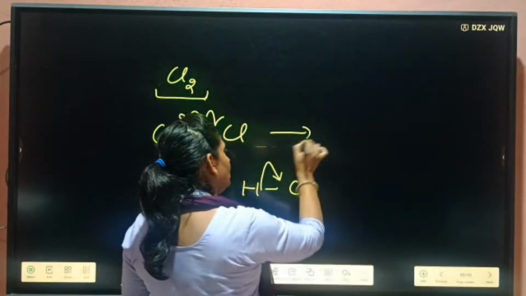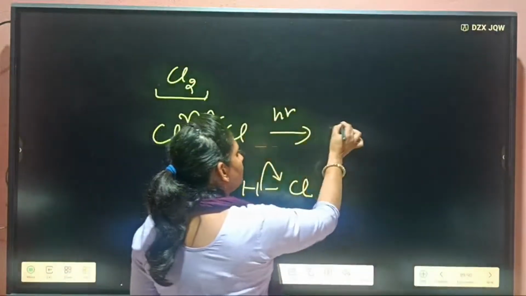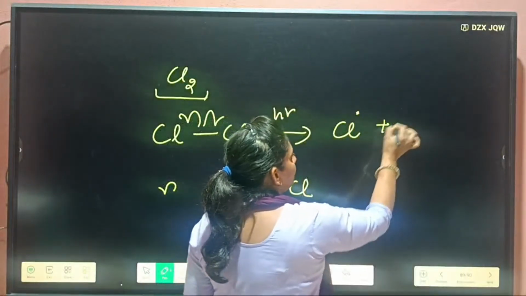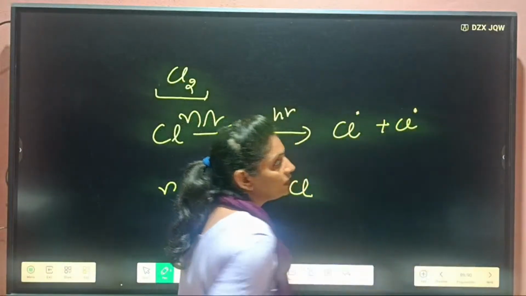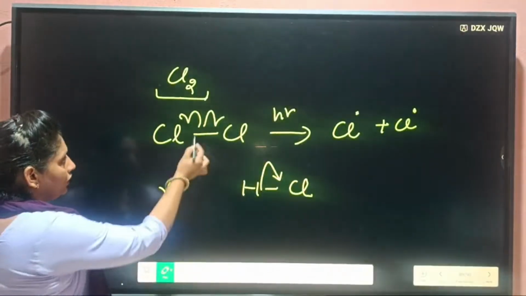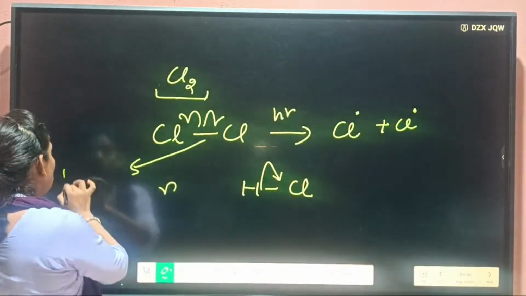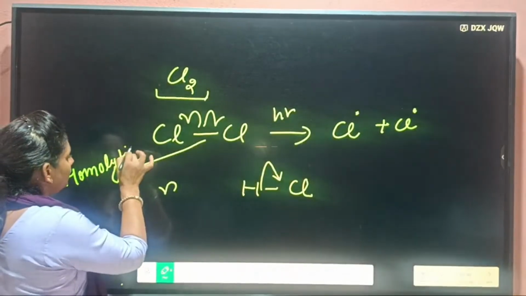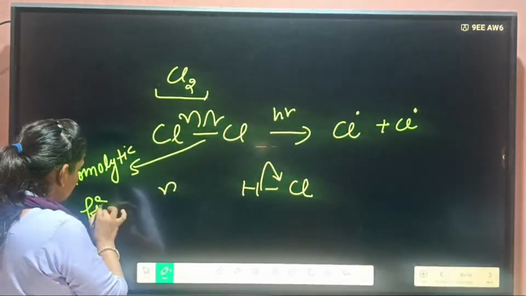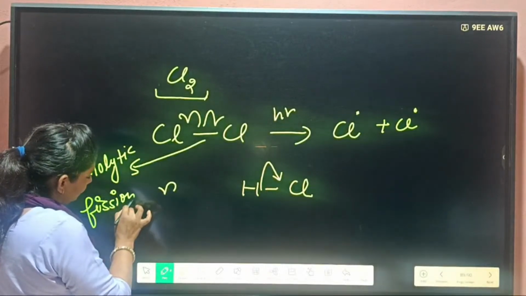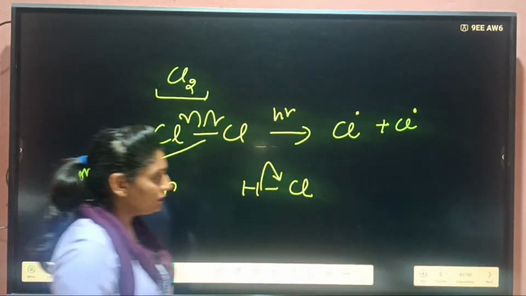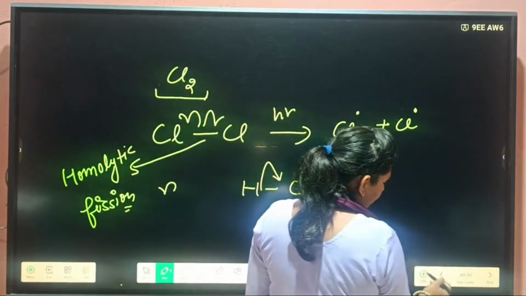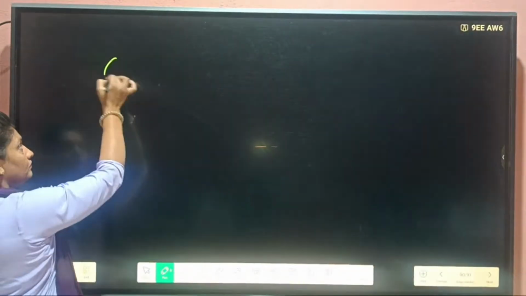So when sunlight falls on this one, then formation of free radicals takes place. And if equal distribution of electrons takes place, then it is known as homolytic fission. It is clear to you or not? Yes. Then students, classification.